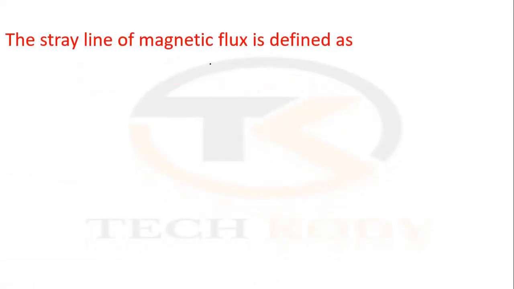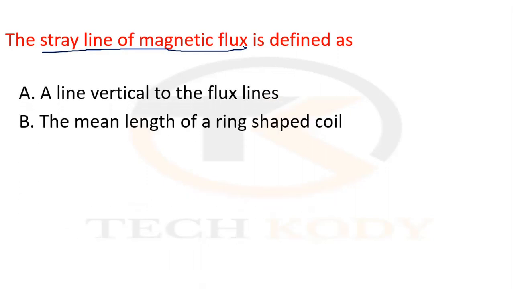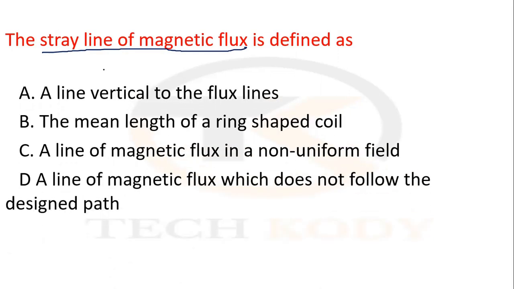The straight line of magnetic flux is defined as, and here the options are given: a line vertical to the flux lines, the mean length of a ring-shaped coil, a line of magnetic flux in a non-uniform field, a line of magnetic flux which does not follow the designed path.